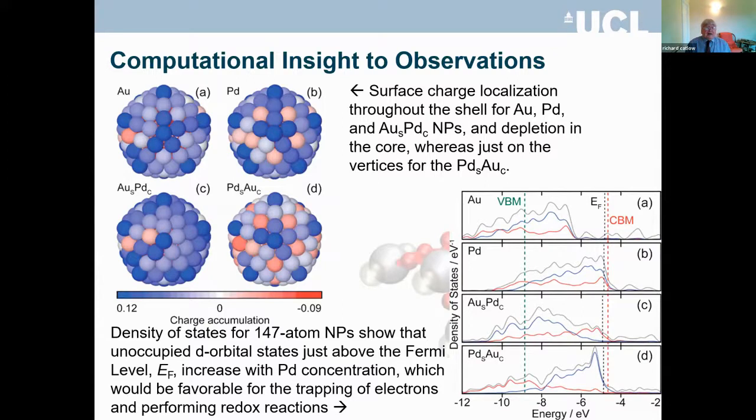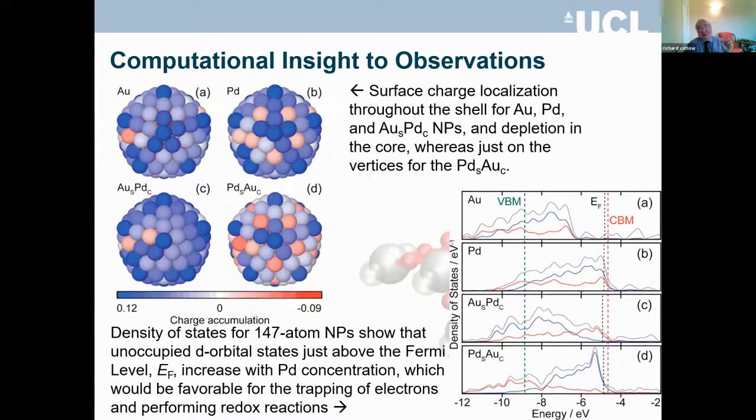And then we get more insight when we look at the electron density distributions displayed graphically on the left-hand side of the screen. The deep blue regions indicate the regions of high electron density. And you see for the palladium shell gold core system, electron density is concentrated on a few specific apical atoms.